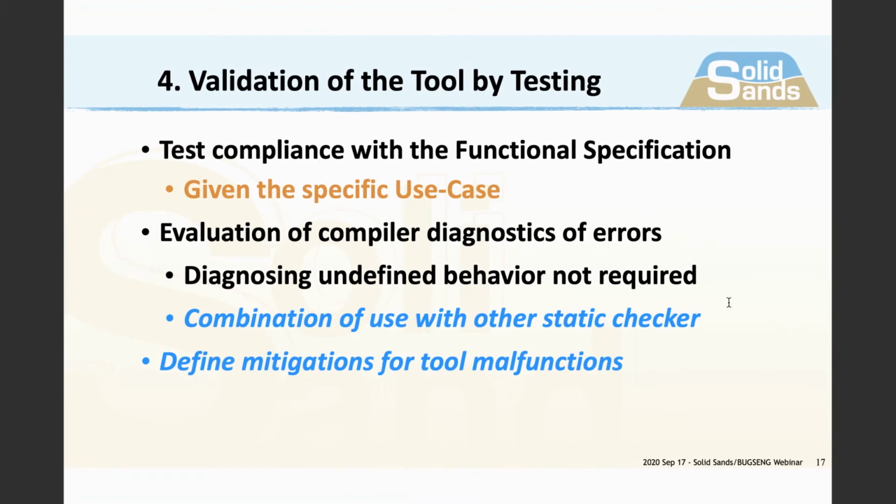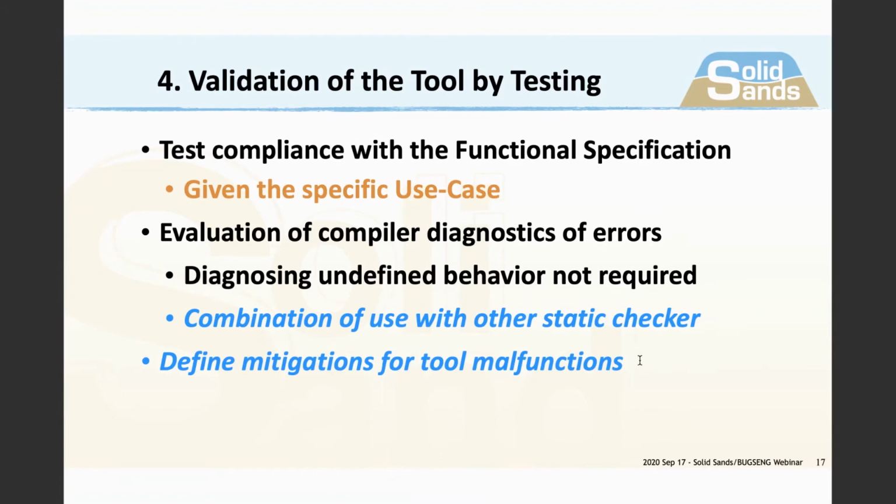So this is where static checkers come in, like Eclair from BUGSENG, and also where you want to define a language subset, such as the MISRA subset, to avoid these cases that are hard to get compiler diagnostics for. Now there are also diagnostics that should be given by the compiler and are not, and for those you have to define mitigations.